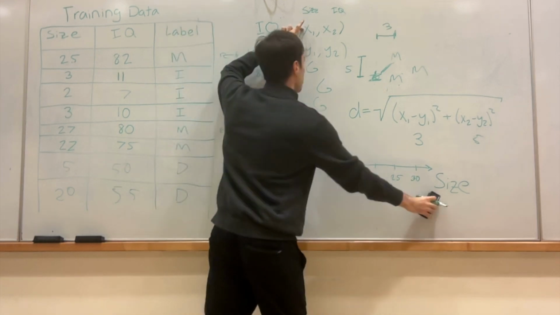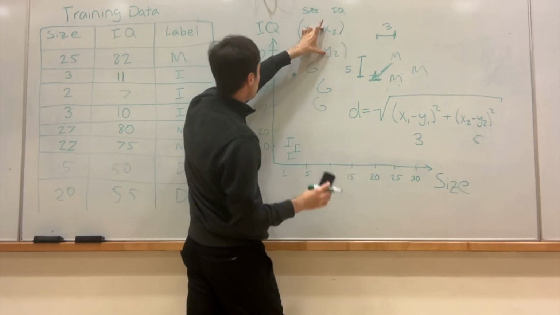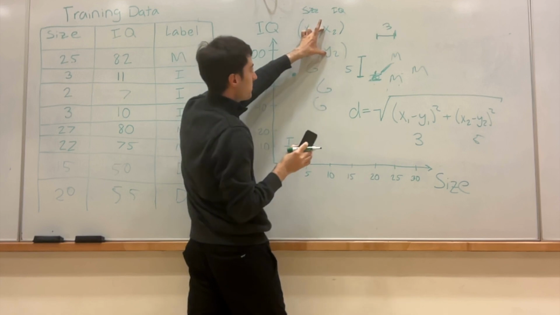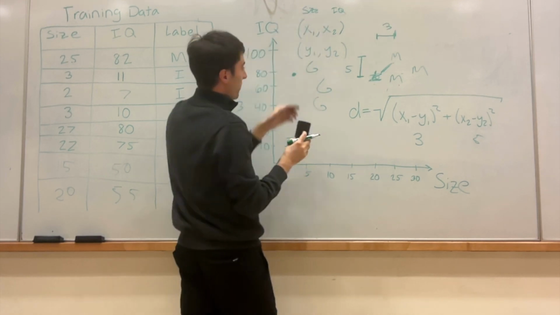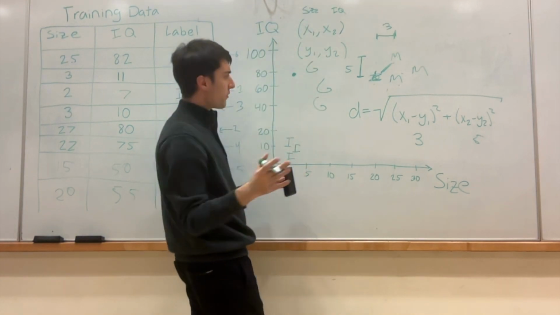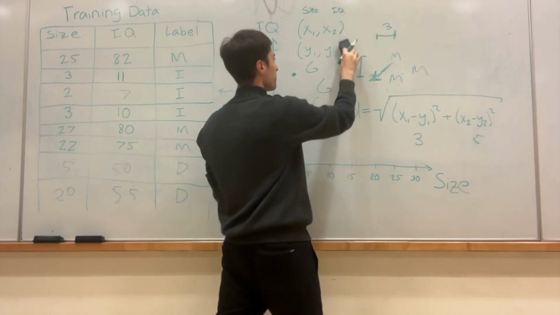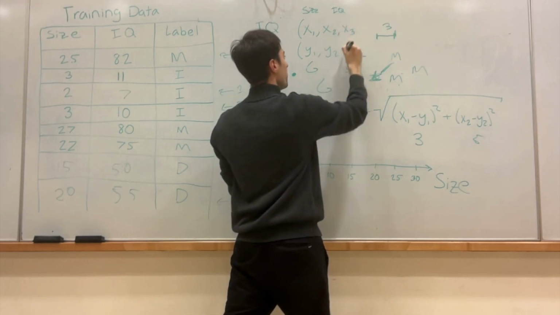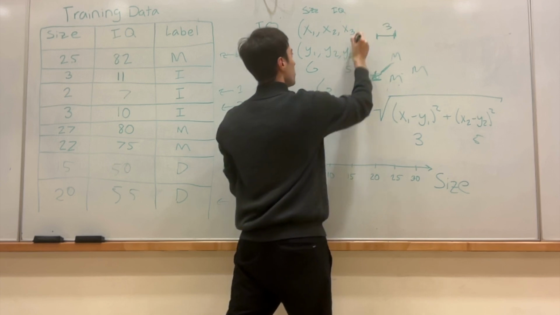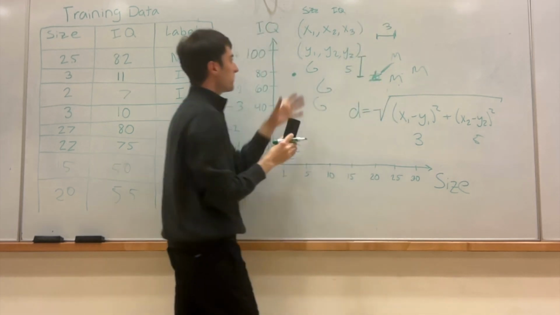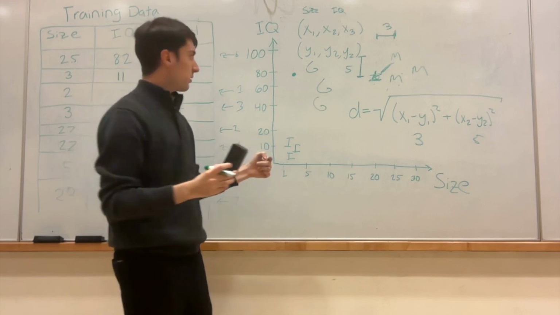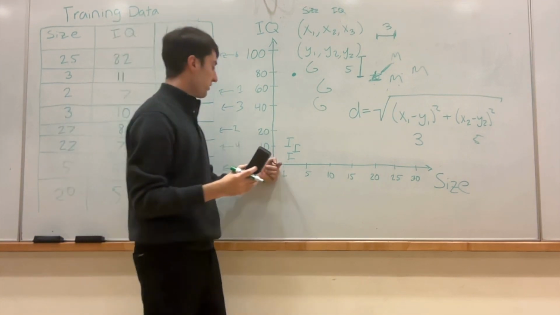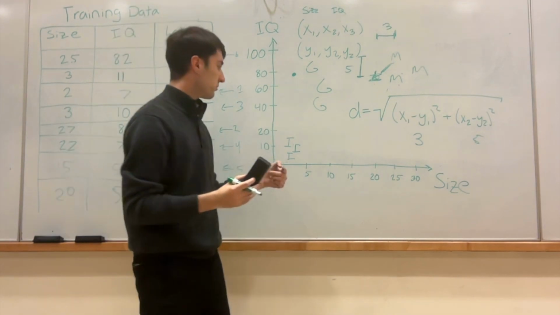So here's one component. This is the size component. This is the IQ component. Okay? And then there's no reason why we can't have a third component, right? Let's say x3 and y3. So now the x point has a certain number, which is in the third component.